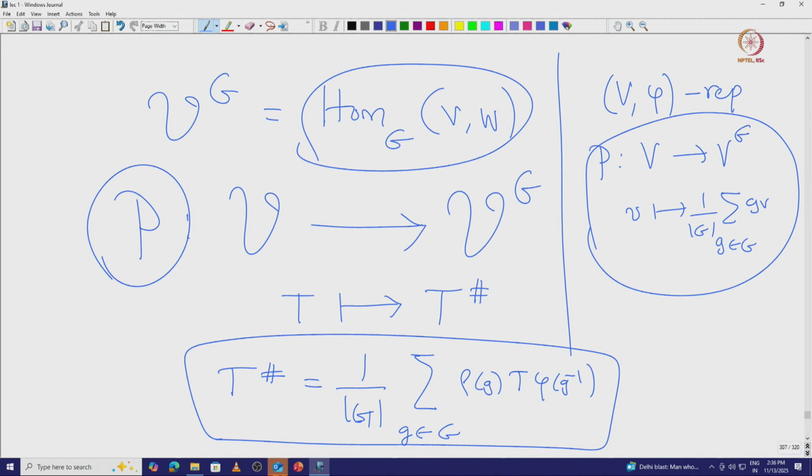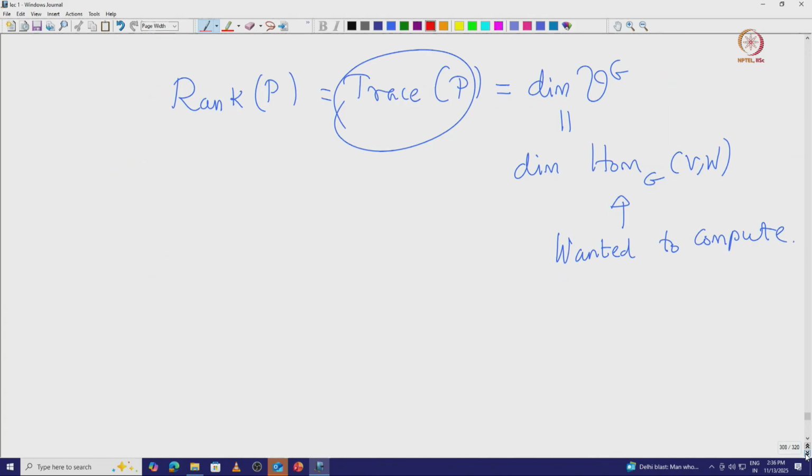Now this P indeed captures everything about the orthogonality. For example, when we looked at this P with respect to the standard basis, we saw that the entry of this P captures the inner product between the matrix coefficients phi_ij and rho_kl.